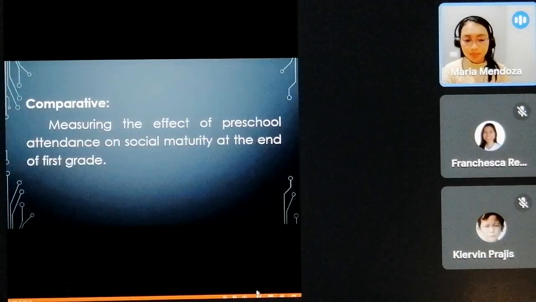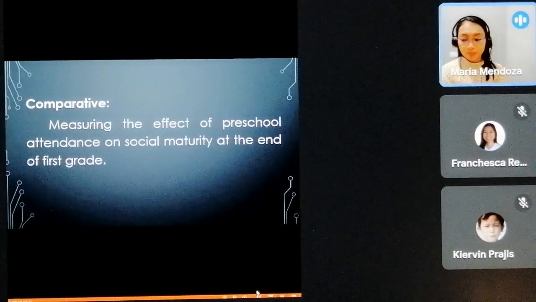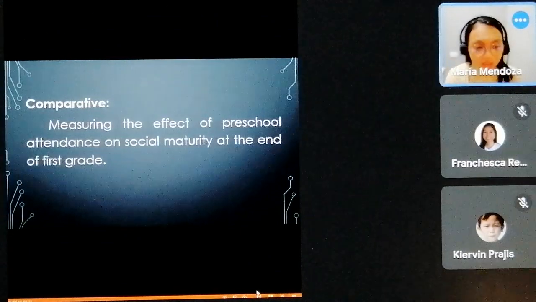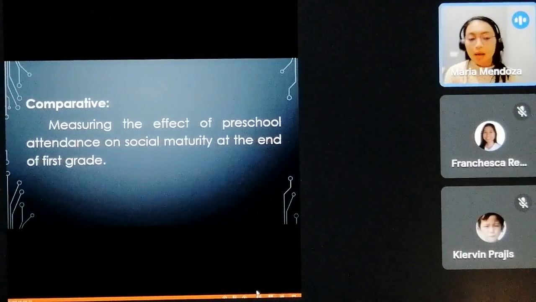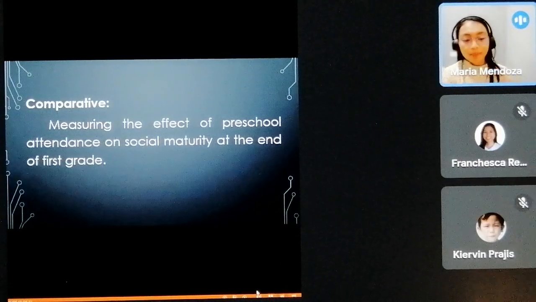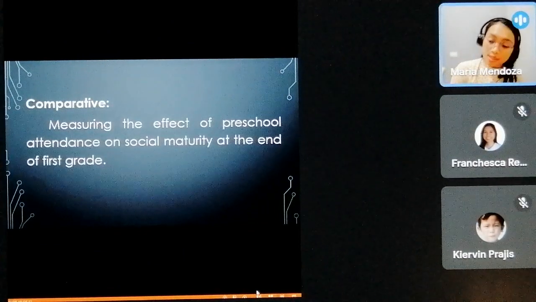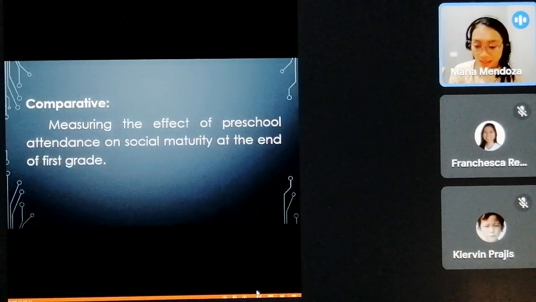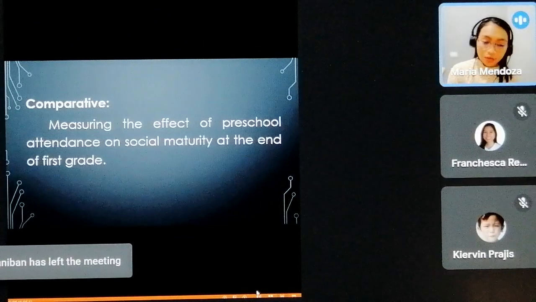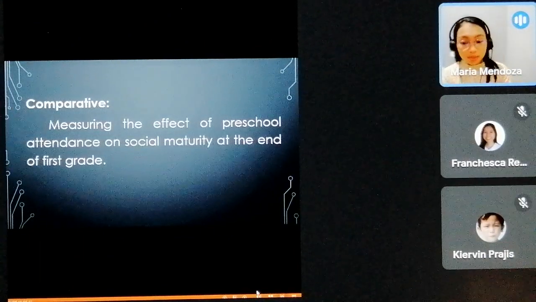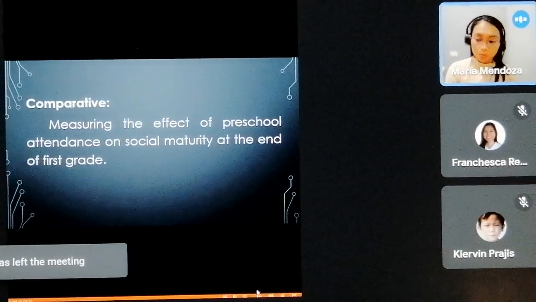So the example would be measuring the effect of preschool attendance on school maturity at the end of the first grade. Okay? So again, comparative. You are going to compare the behavior of the preschool students on their first day of school and at the end of the school year. Okay? Kung umiiyak pa na bata ng first day, at the last day of school, kung umiiyak pa rin siya, yung mga nagtatantrums pa at the middle of the discussion, nagtatantrums pa din ba?